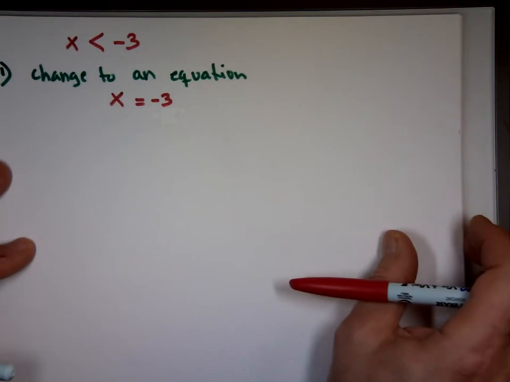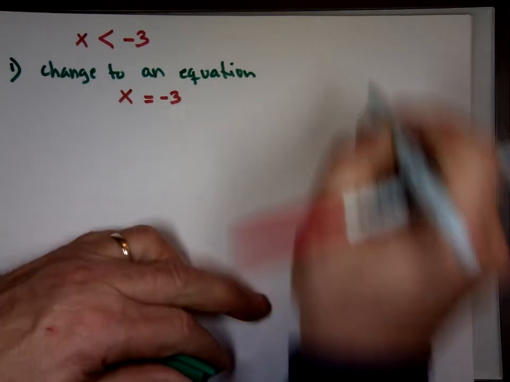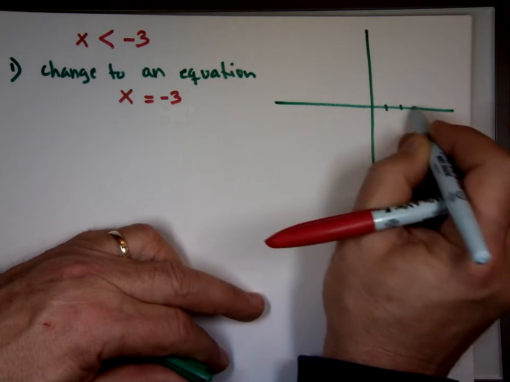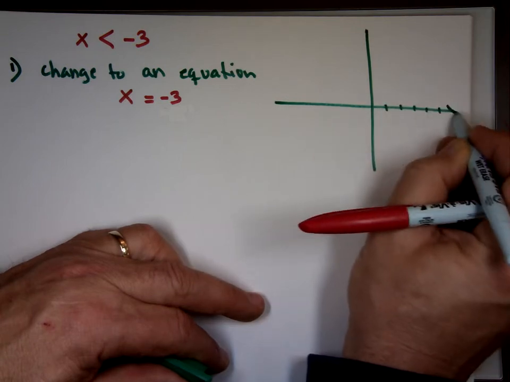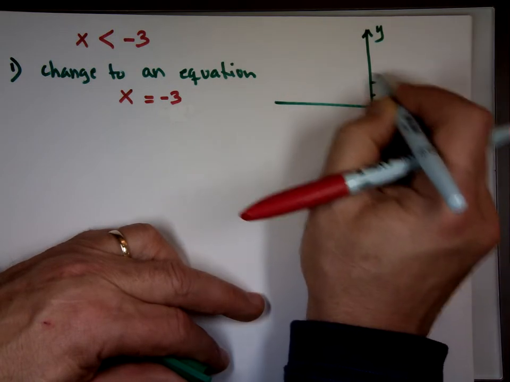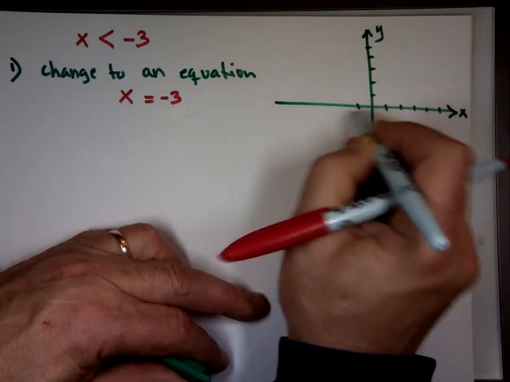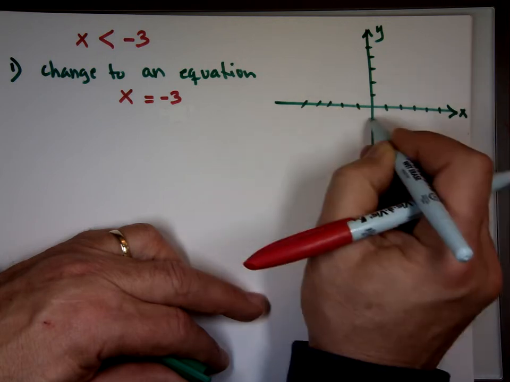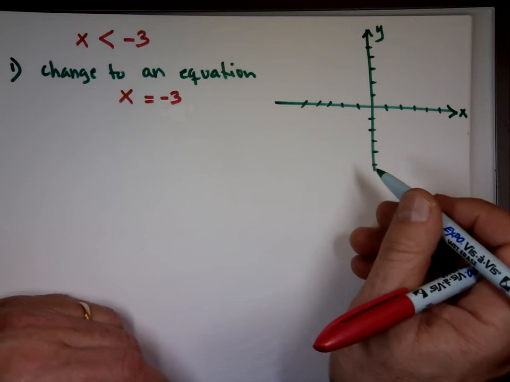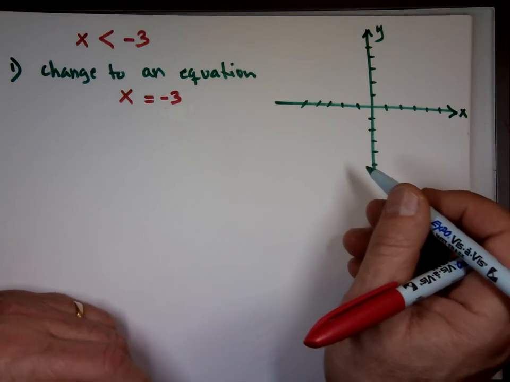If you have x equals a number, the graph is always what? Want to take a guess? Straight line. Up and down or left and right? Up and down.